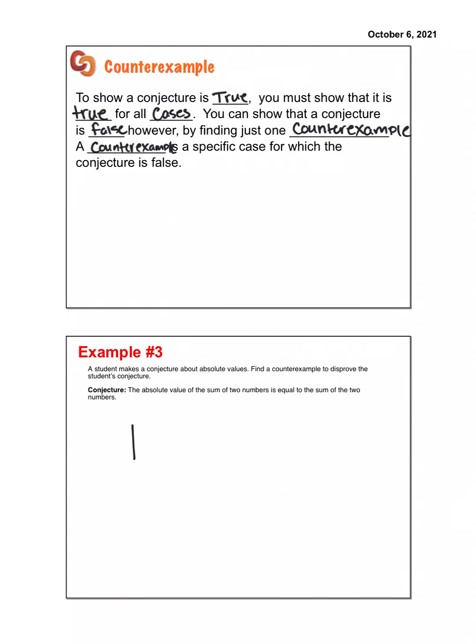If we took the absolute value of negative 3 plus 2, this student's conjecture is saying that it would equal the sum of negative 3 plus 2. So if we look at this, the absolute value of this would give us +1, whereas if you just add these two together without the absolute value, you get -1. These two things do not equal each other, so therefore we just gave a counterexample for that conjecture to disprove it.